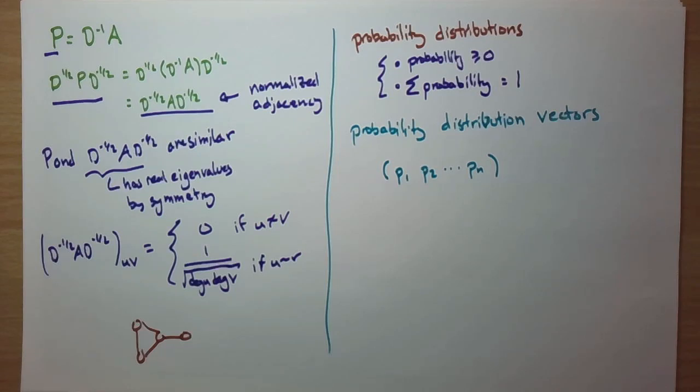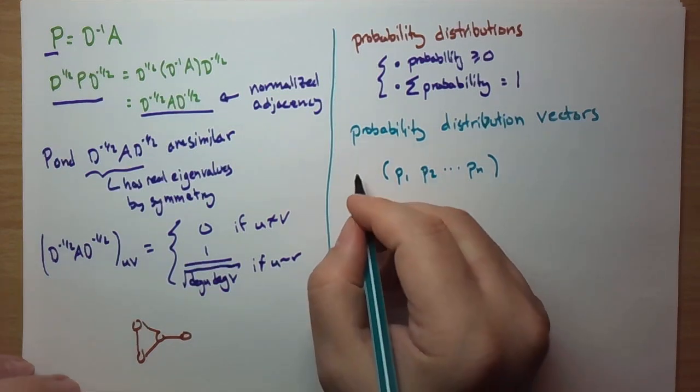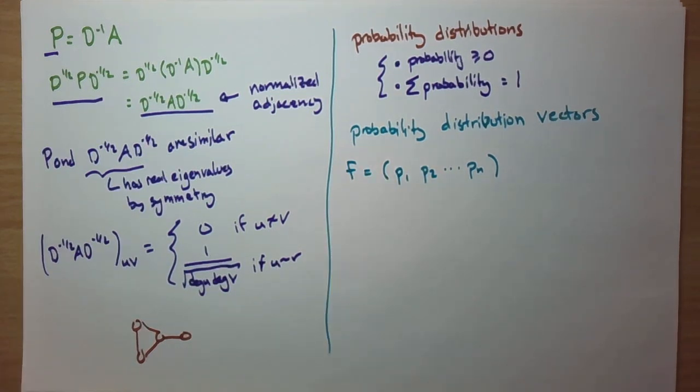So the question is, of course, how do we use these? Let's call our probability distribution F. What happens after we take one step?